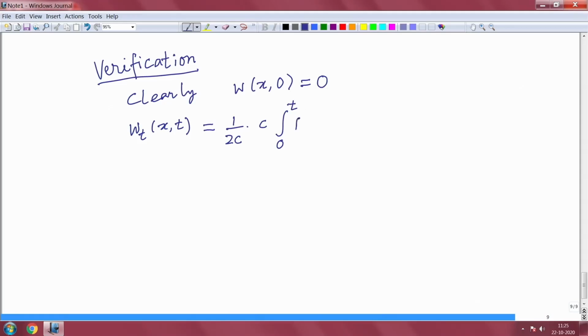Okay. So, this is f of x plus c times t minus s, plus you do it carefully, you see these terms come there. Yes, the whole thing ds.